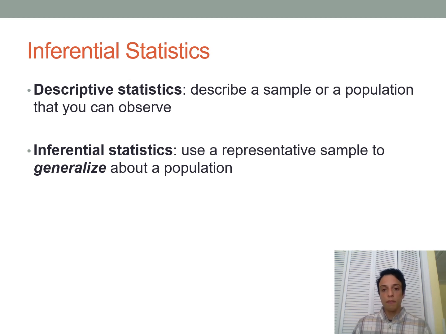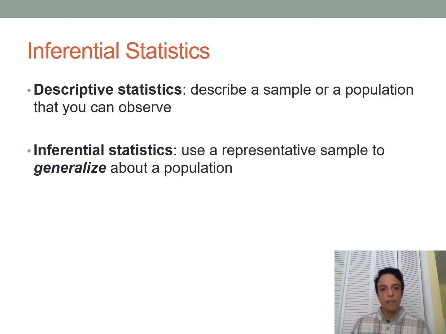But you could take a sample from that population, figure out what attitudes look like in the sample, and use that sample to learn something about the broader population. And when we do this, we say that we are making a generalization. We're taking a specific sample, and we're using that to make an assumption or a generalization about what's going on in that bigger population.